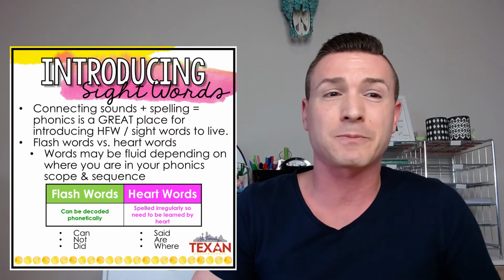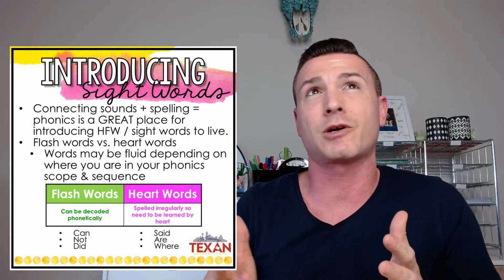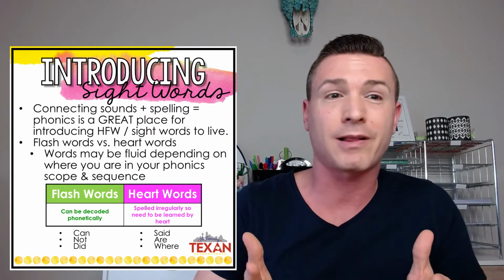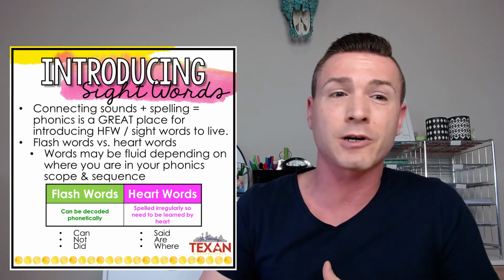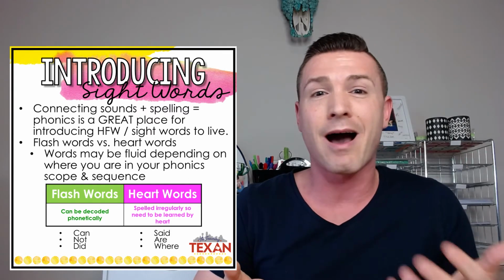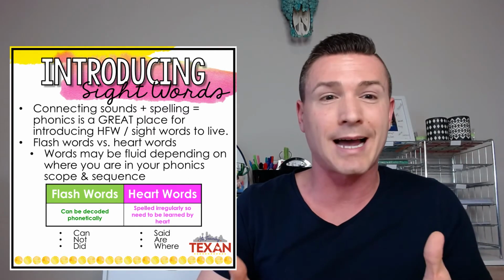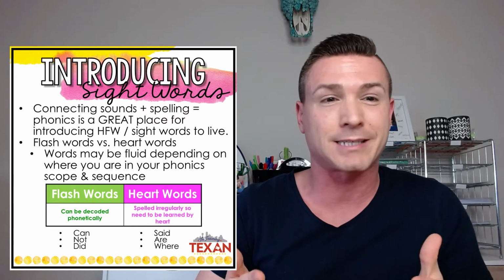So then we've got a difference between these two. Basically, our high frequency words can fall into two areas. They can fall into flash words, and they can fall into heart words. Flash words are words that can be decoded phonetically, like n-a-t. So we can truly sound that entire word out, and we can make sense of it phonetically.